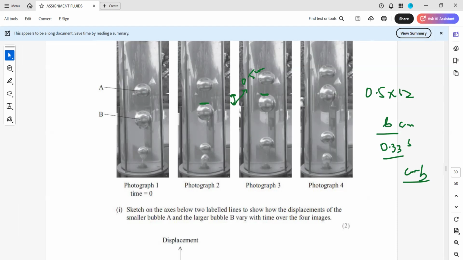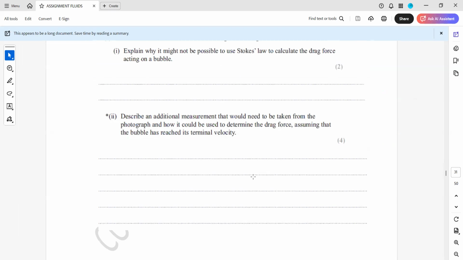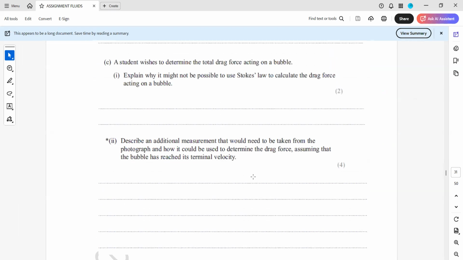Yes. So even in the question, especially in Edexcel, you use a measurement from the figures as well. Describe an additional measurement. A student wishes to determine the drag force on the bubble. Explain why it might not be possible to use Stokes law to calculate a drag force on the bubble. Stokes law is only applicable for a small sphere.